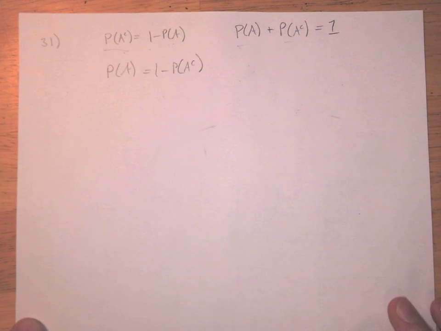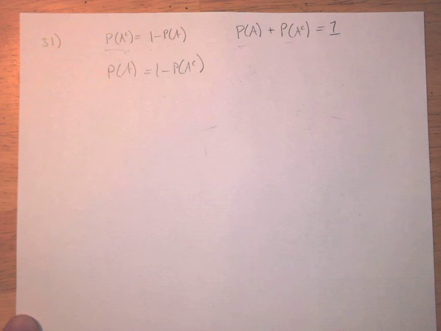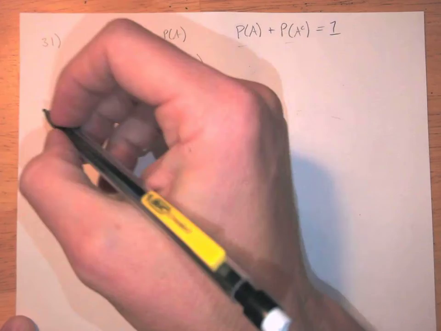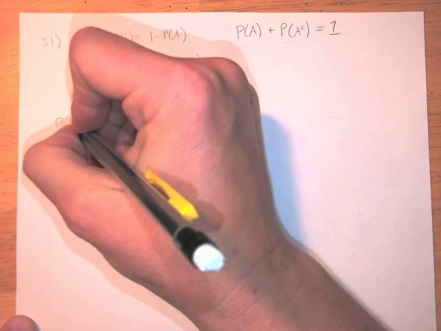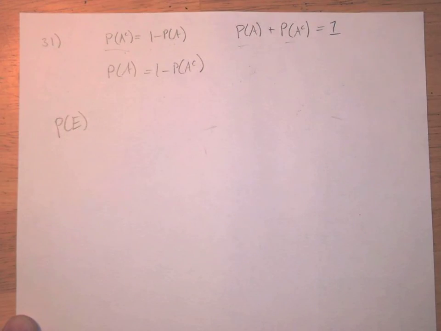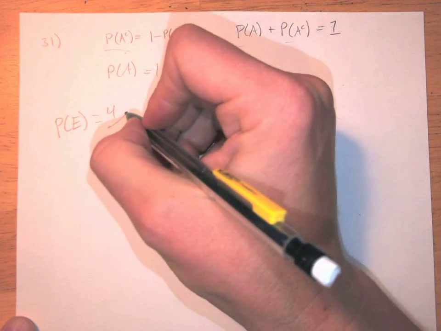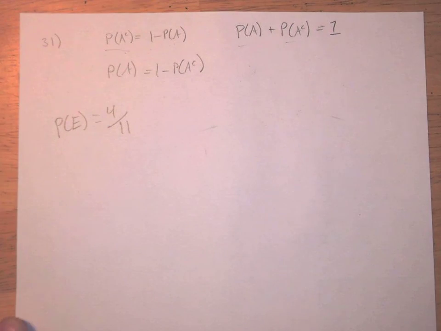Okay, so in 31, they're giving you the probability of some event happening and asking you to find the probability of its complement. They say the probability of some event E. Now they call it E instead of A. It doesn't matter, it's like a variable. It is 4 out of 11.